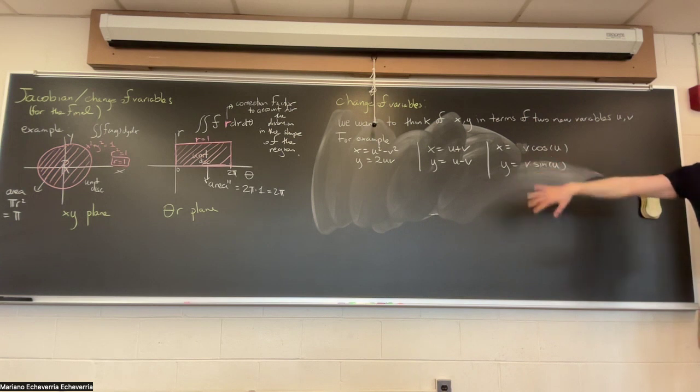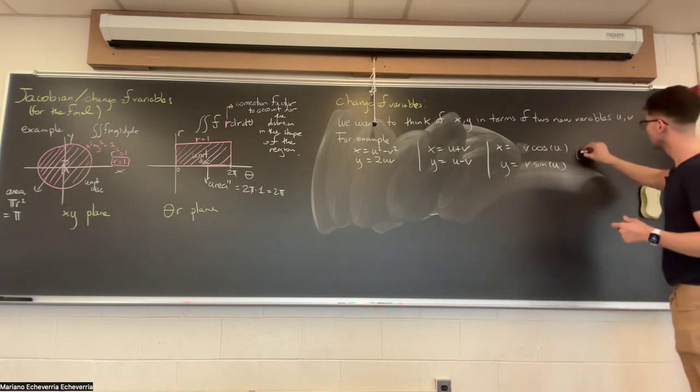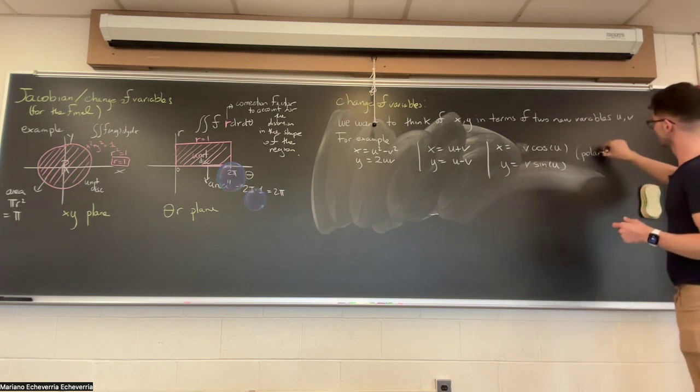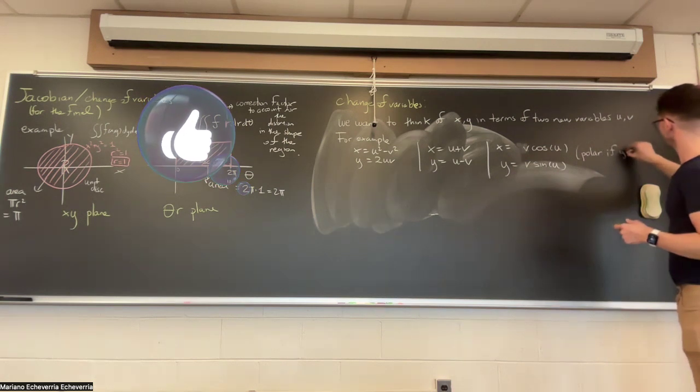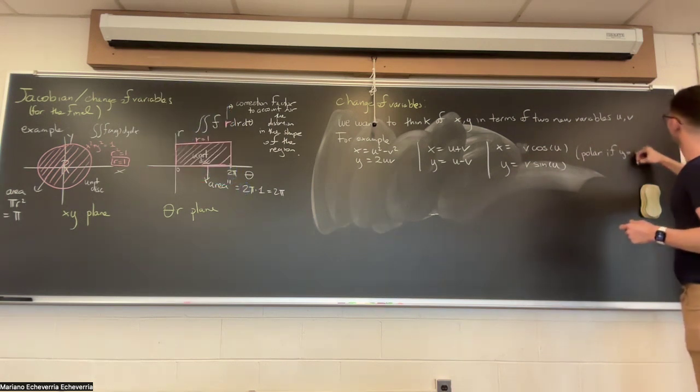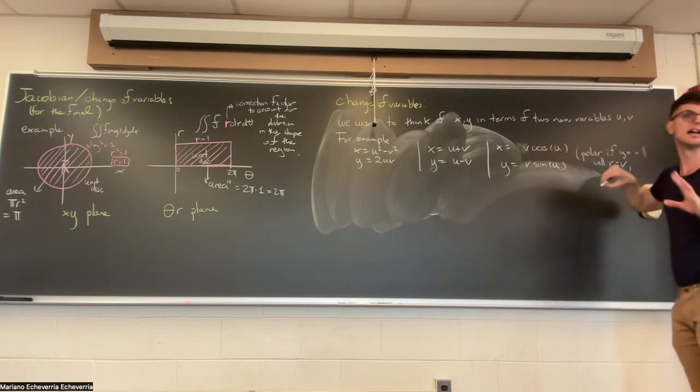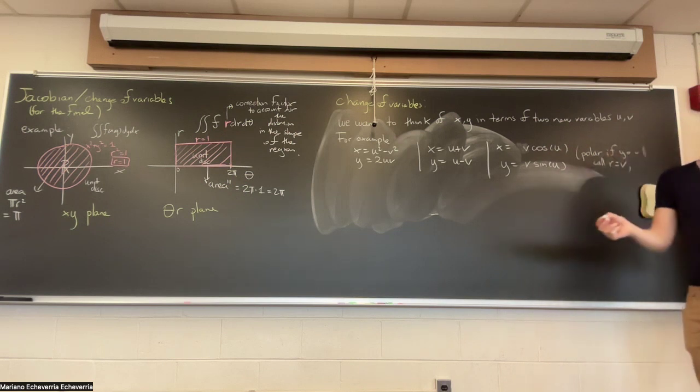It is essentially polar coordinates if you think of V as being R and U as being theta. So this is actually polar if you call R equals V and U equals theta, right? So my point is that polar is contained in the stuff that we're doing right now.